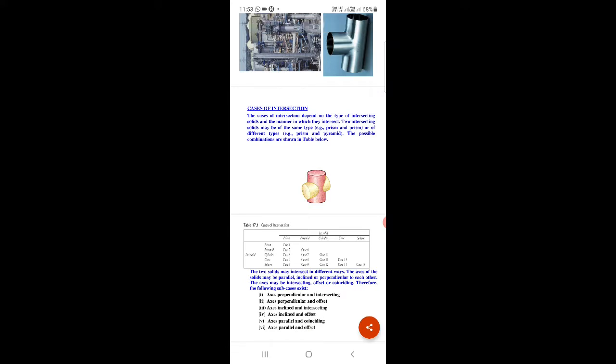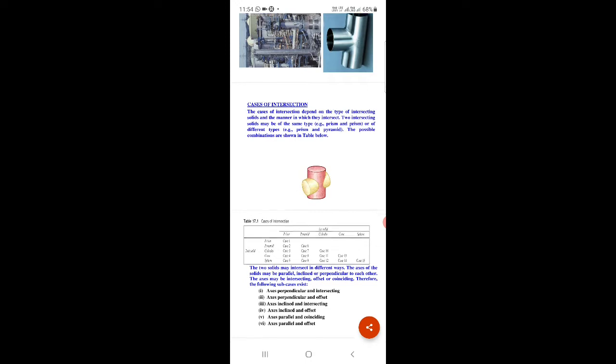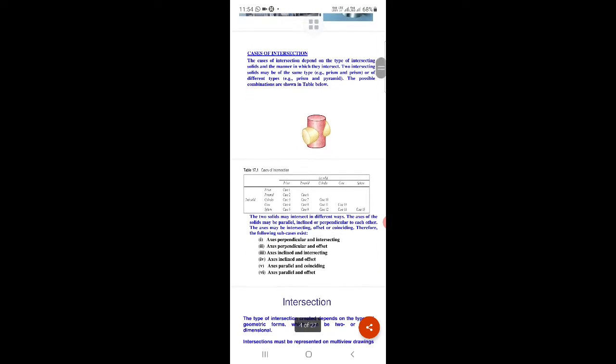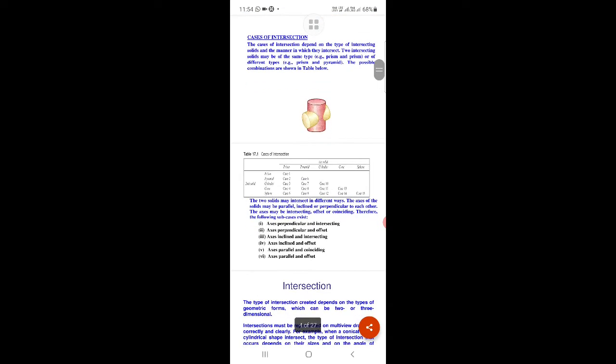The curve of intersection depends on the types of intersecting solids and the manner in which they intersect. The two intersecting solids may be of the same type or different types, and the possible combinations are shown in the figure. The axes of the solids may be parallel, inclined, or perpendicular to each other.